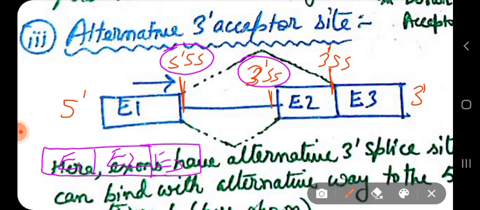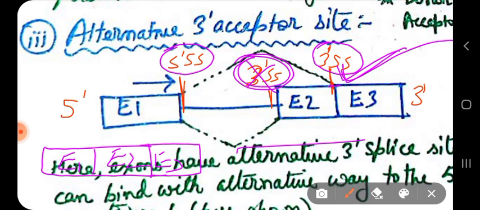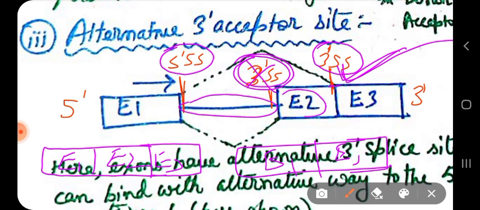Another event can occur. The next event is they have an alternative 3' splice site right between the exon 2 and 3. So it may occur that they will not use this site. Instead of that, they use this 3' splice site for the splicing process, and due to this reason exon 1 directly binds with exon 3, whereas the intron and the exon number 2 may be spliced out.